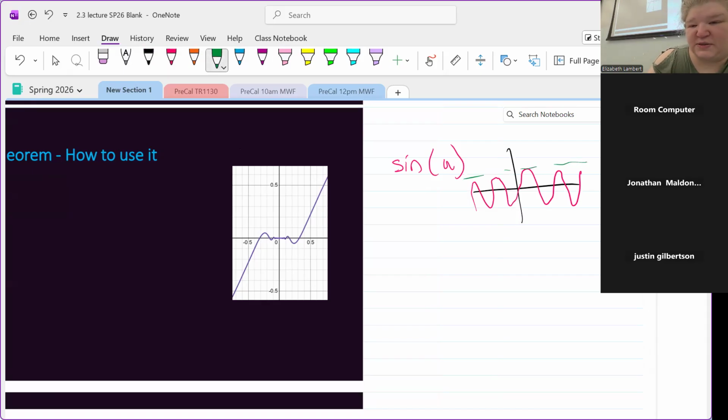All right, not the best picture, but the absolute highest a sine graph gets, if it doesn't have a modified amplitude, is 1. And the absolute lowest it gets is -1. So sine of whatever ugly mess is always bounded above and below by 1 and -1. So I can literally write that as an inequality.